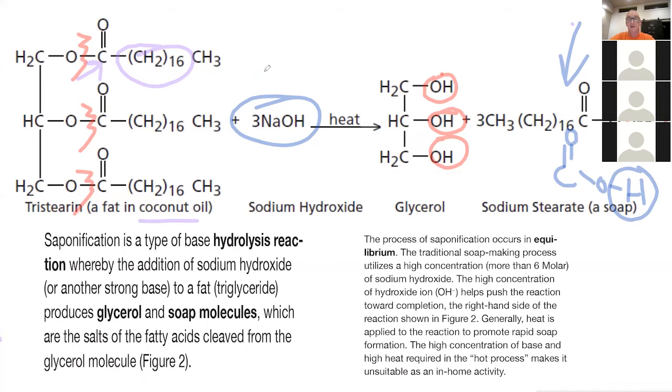Yeah, so Vera says it's because we have a high concentration of hydroxide ions. That's true, but I want to know why the high concentration of hydroxide ions leaves us with a conjugate base and not the acid. Why is that? Just think about acid-base reactions.